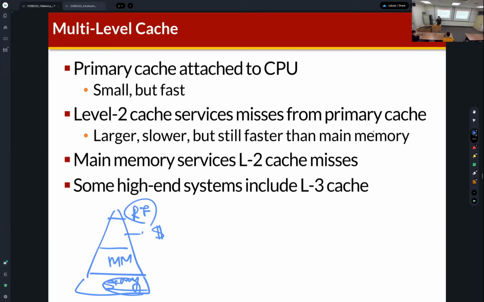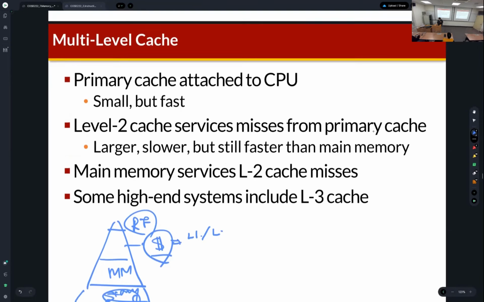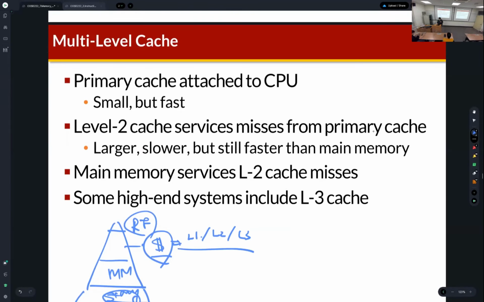This is the memory hierarchy. But when I mentioned the cache level, the cache also has level 1 cache, level 2 cache, or level 3 cache, which means that the caches can be organized in a cache hierarchy.